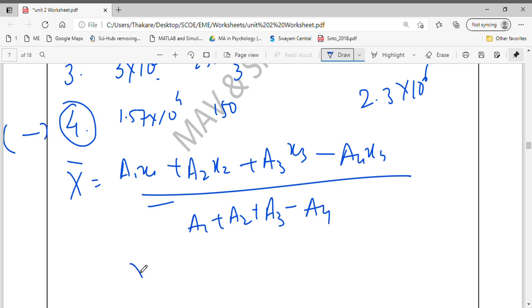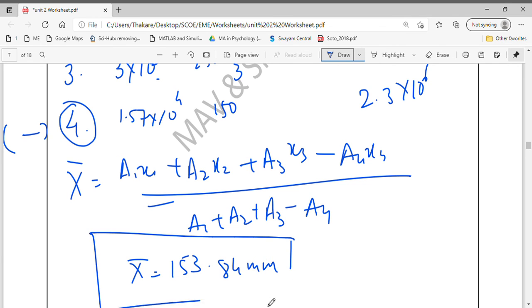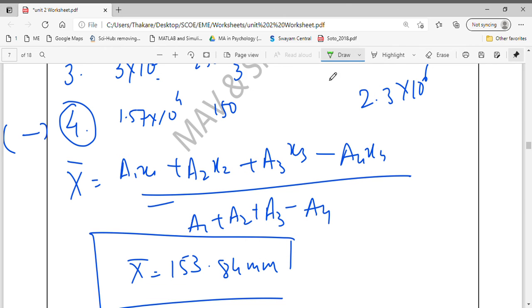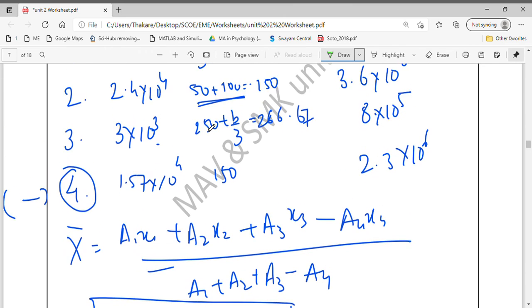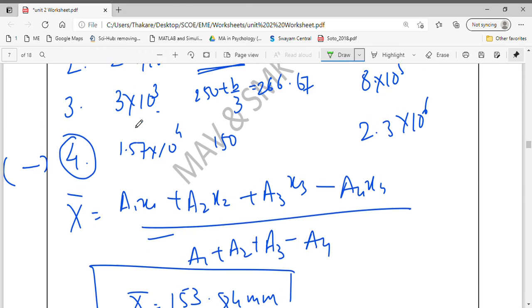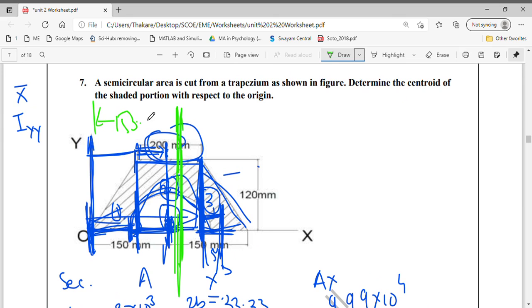So your X bar comes out to be 153.84 mm. That means the vertical centroidal axis, X bar is your distance from Y axis. So your vertical centroidal axis will lie at 153.84 mm from this point.